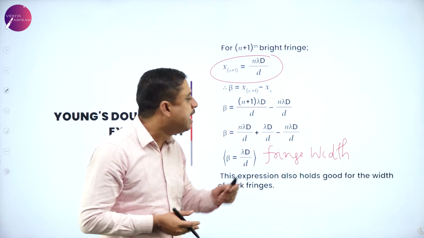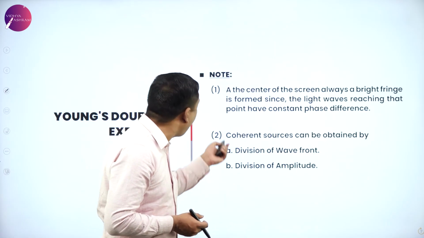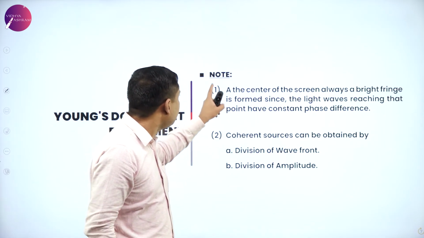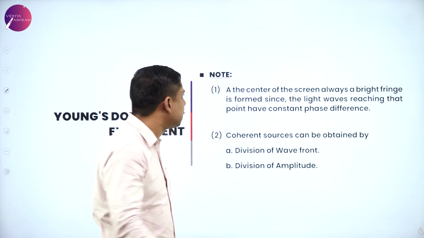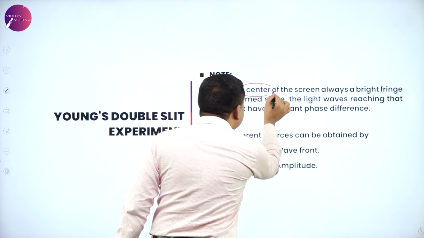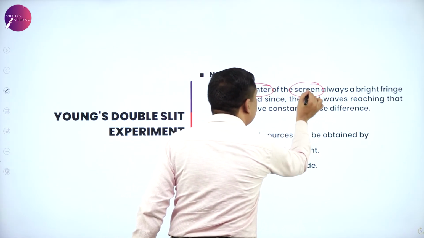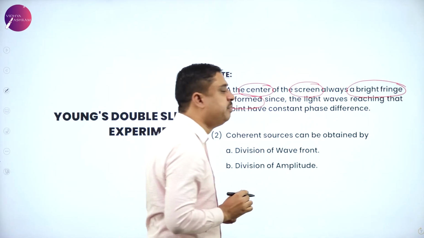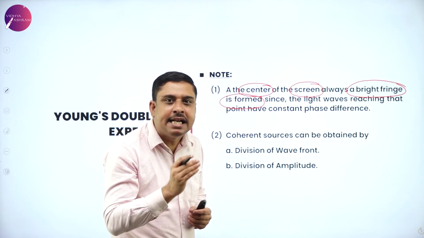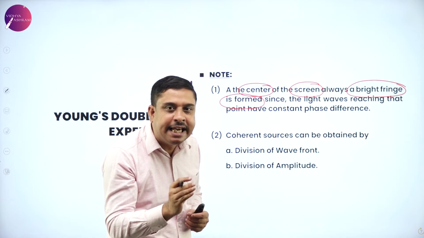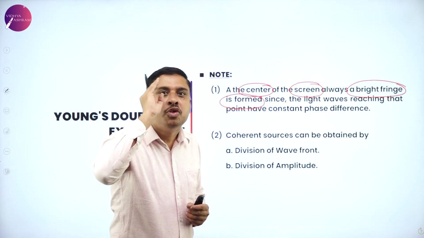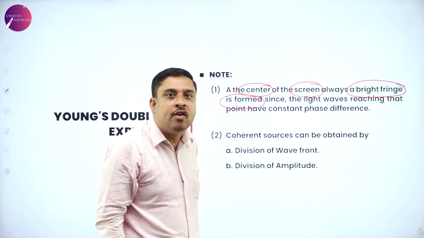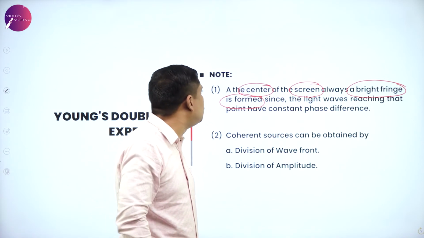And therefore we say the same expression also holds good for a dark fringe. Now, to note here, at the center of the screen, wherever you have an interference pattern, always a bright fringe is formed.